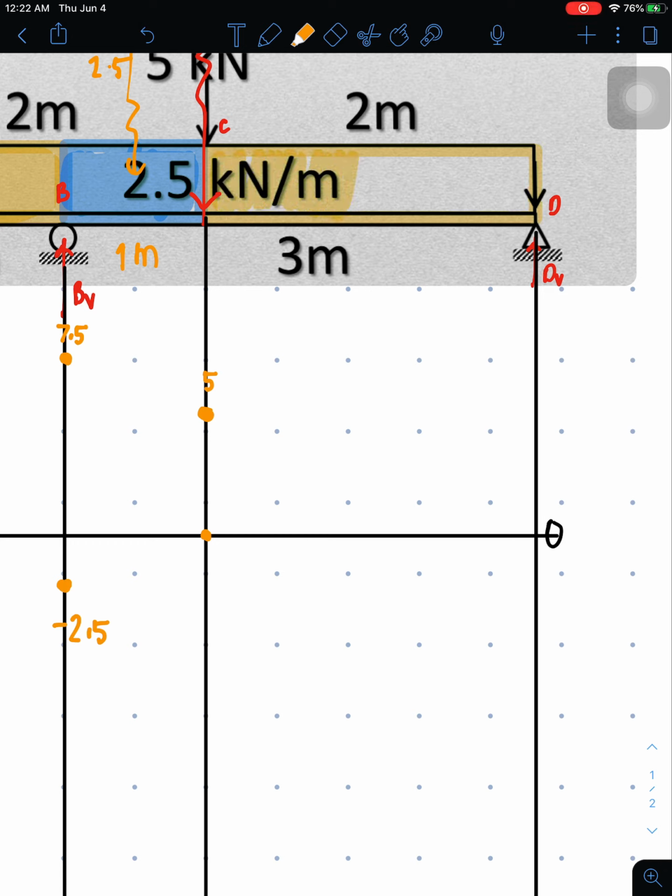So ato sa siyang tan-awon diri. So basically, the length of distribution is 2 meters. And then the resultant now is the product of 2.5 times 2.